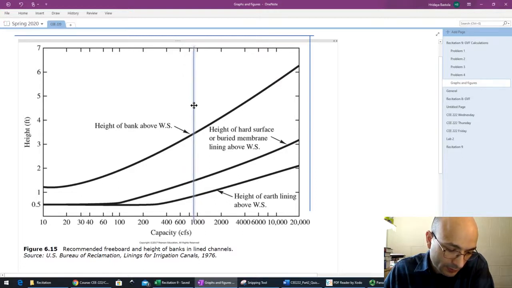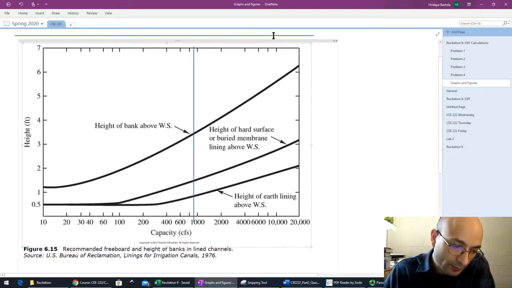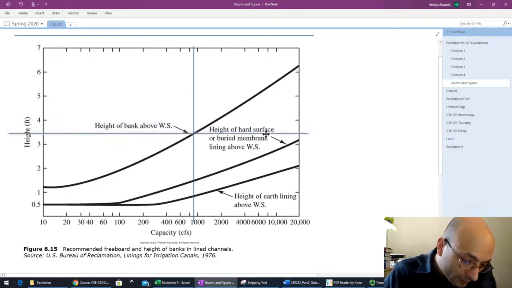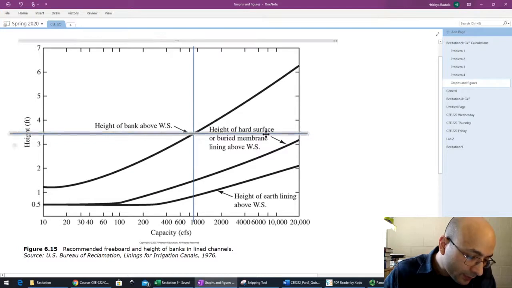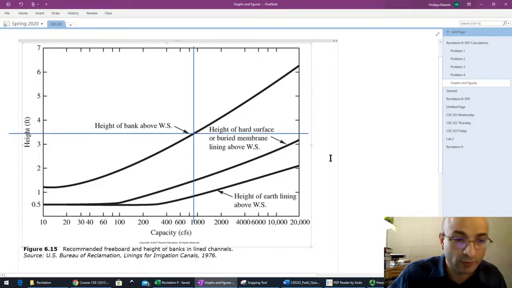Since this is a logarithmic scale, somewhere towards the middle is close to our value of 883. So for that Q, we'll get a freeboard height of about 3.4.